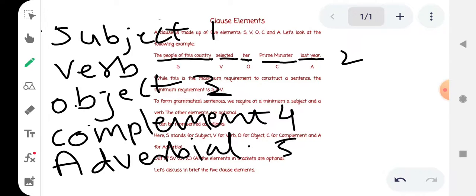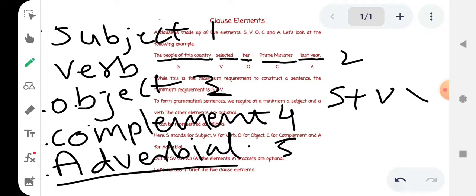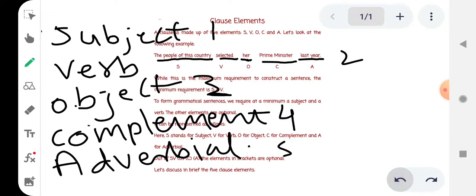We form sentences in combination. We take subject and verb compulsorily. Without subject plus verb, there cannot be a sentence. But a sentence can be without an object, without a complement, or without an adverbial.